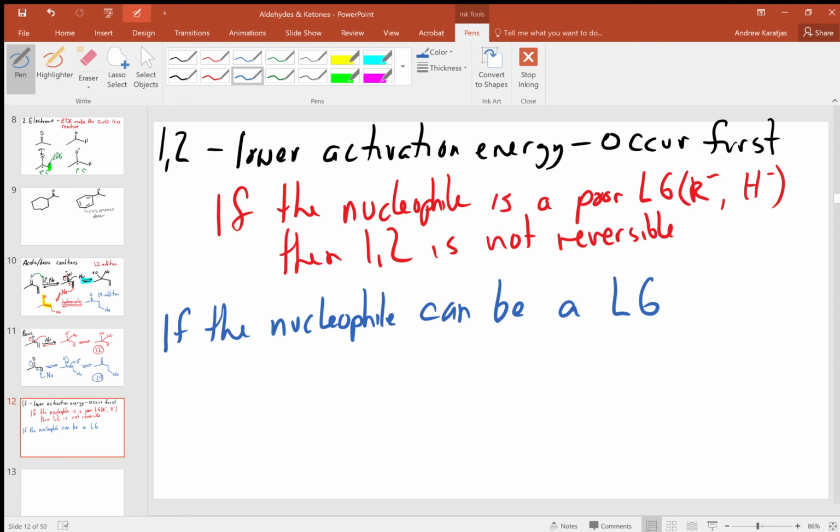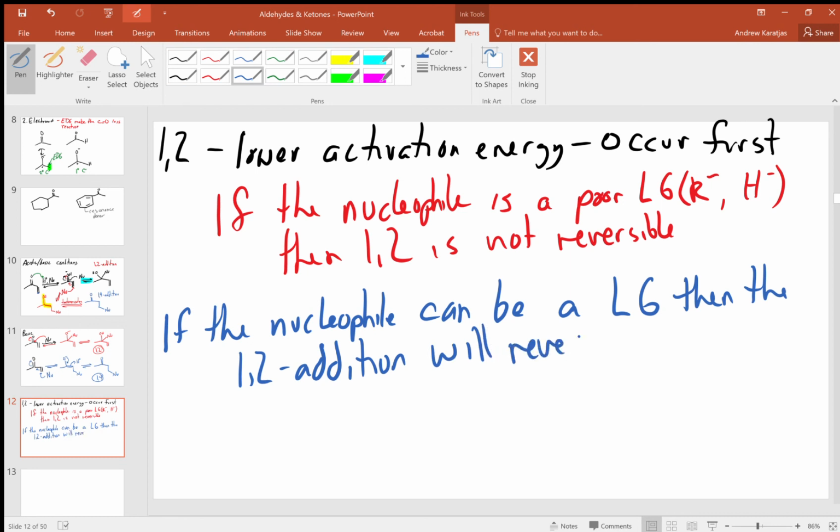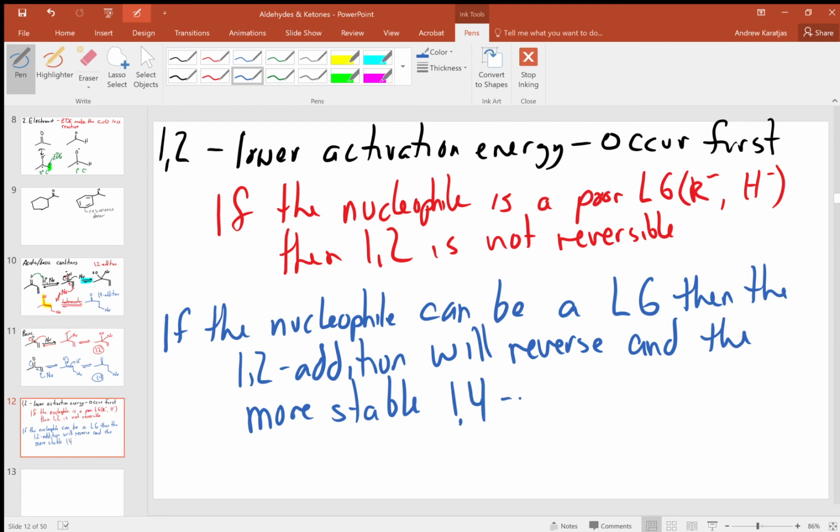And so if it can be a leaving group, then the 1,2 addition will reverse, and the more stable 1,4 product will form.